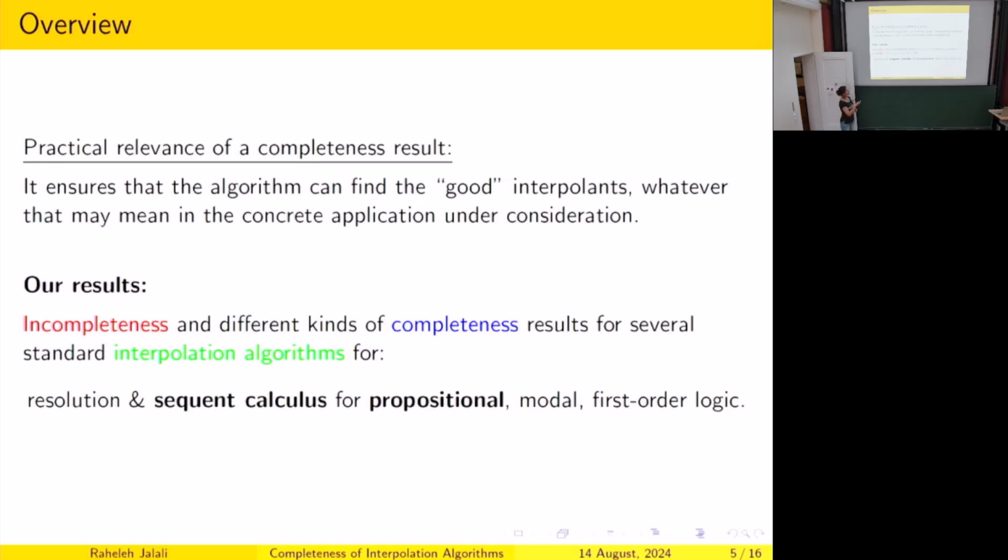So to find good interpolants, the completeness result will give us an insurance of finding them. What we have found in this area is many incompleteness and several types of completeness results for the standard interpolation algorithms known in the literature, for the two most important calculi, resolution and sequent calculi, for propositional and first order logics. But here I have marked sequent calculi and propositional logic, because I'm going to talk about this.